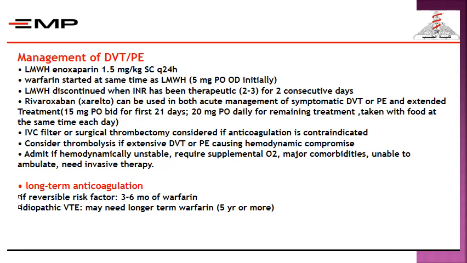Inserting an inferior vena cava filter may protect the patient from pulmonary embolism in those contraindicated for anticoagulation. Thrombolysis if it is extensive DVT or pulmonary embolism, or if there is hemodynamic compromise.